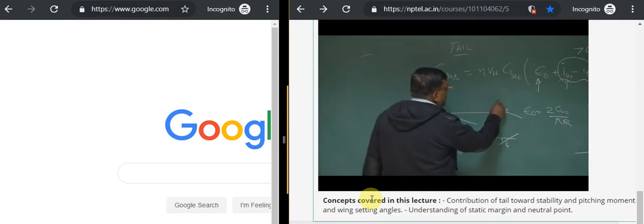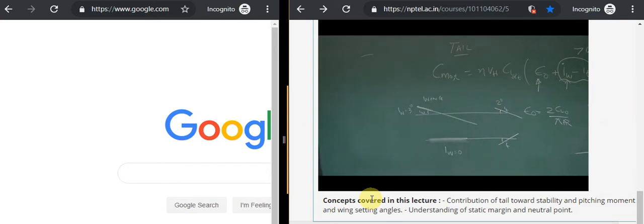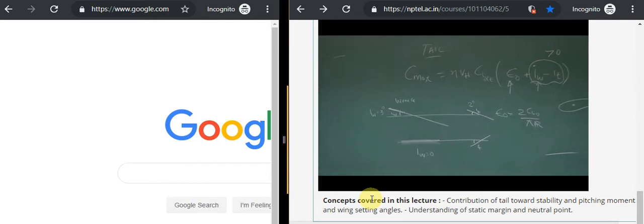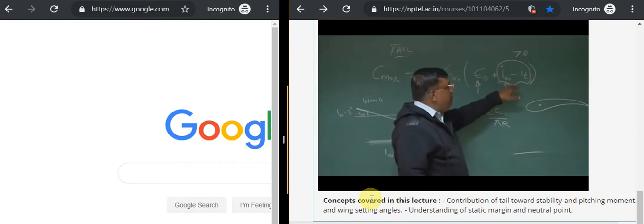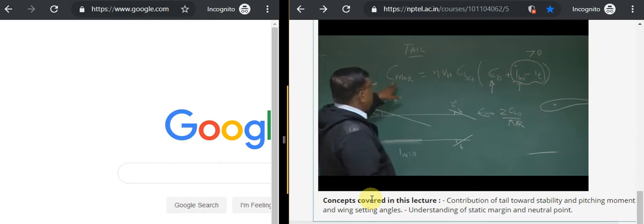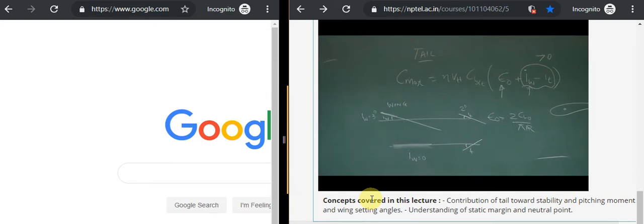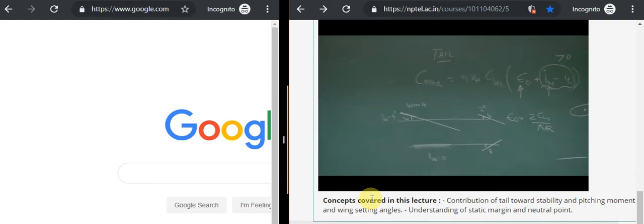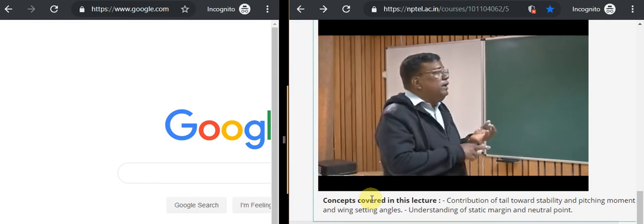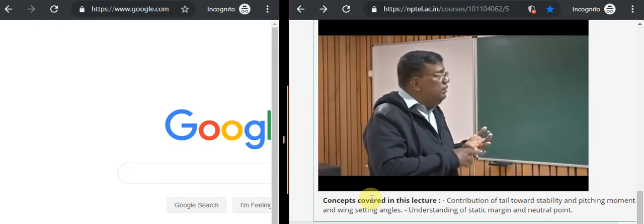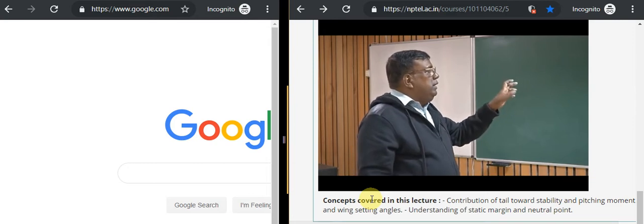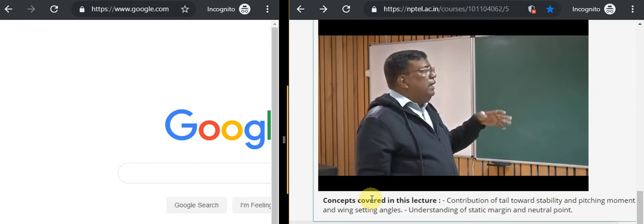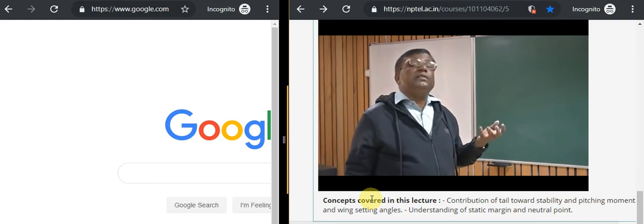Although not minus 2 degree, not a negative angle, if we cleverly put 3 degree here and 2 degree here, you see the difference is 1 degree positive, which will give you Cm naught tail also positive. Okay. So you can get Cm naught positive by appropriately calibrating Iw and It in a fashion that Iw minus It is a positive number, yes, greater than 0.